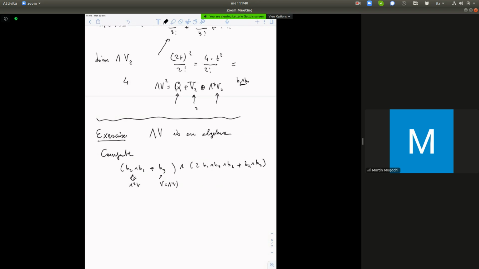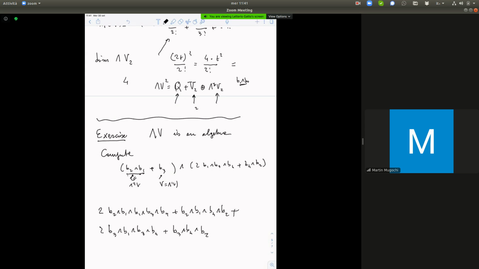And what do we do? We apply the distributive law. B2 wedge B1 wedge 2 B1 B3 B4. And we put the 2. B2 wedge B1 wedge B1 wedge B3 wedge B4. And then we associate this with this one, plus B2 wedge B1 wedge B4 wedge B2. And now we associate B3 with the other one. 2, B1, B3, B4, and then B3 wedge B4 wedge B2.